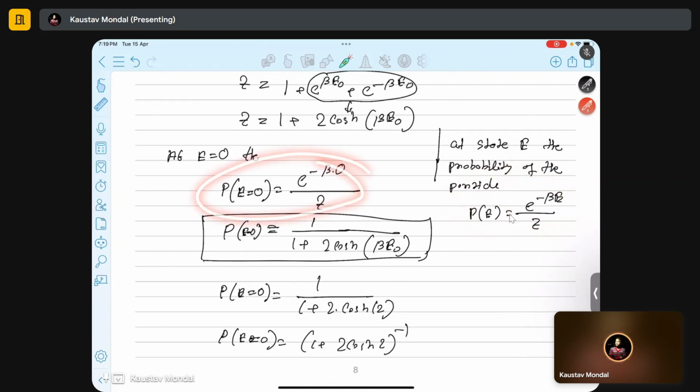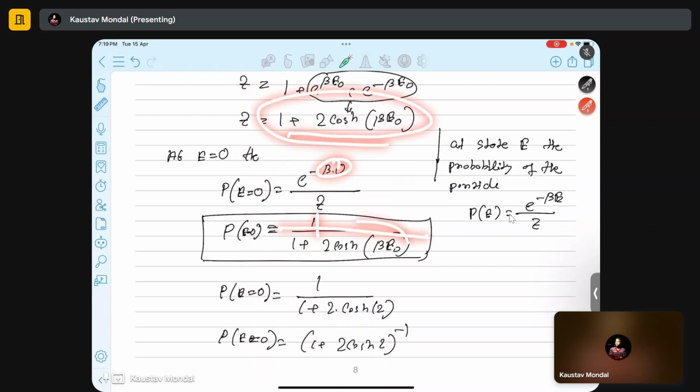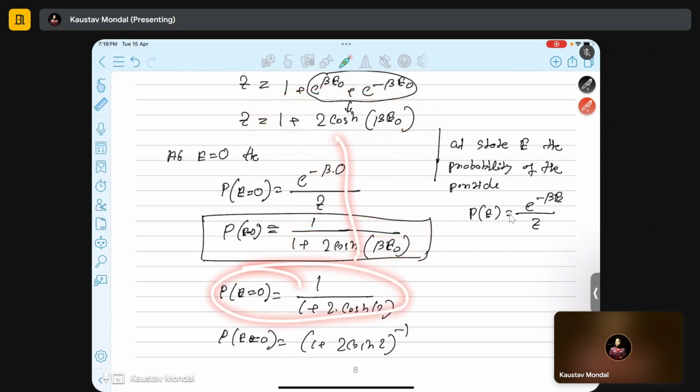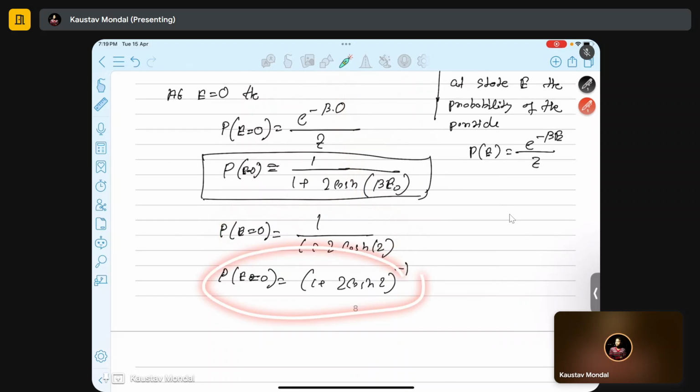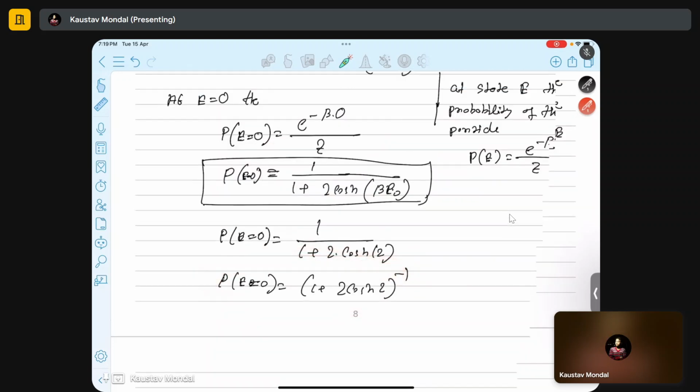If you put E equal to 0, e to the power minus beta into 0 gives e to the power 0, that gives you 1. Z is nothing but 1 plus 2 cos hyperbolic beta E0. Substituting all of these things gives you P at E equal to 0 is this. So that's how we basically solve this problem.